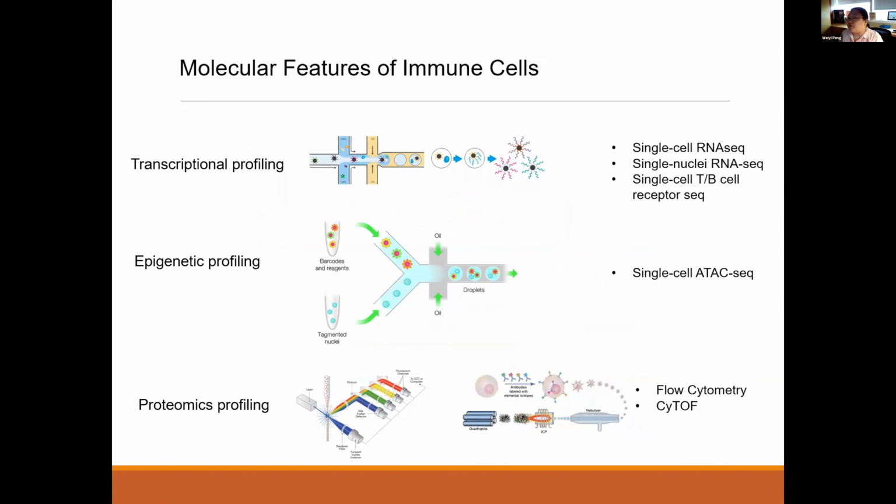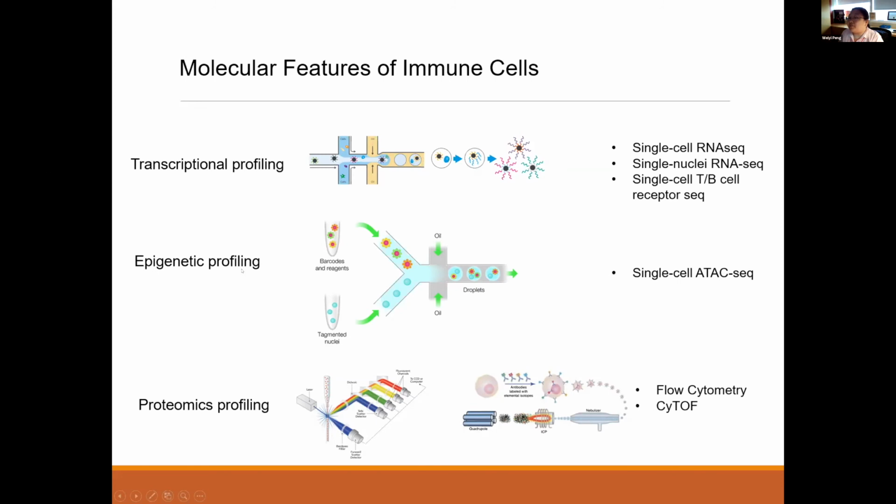Because of this advance in single cell isolation, we now have a lot of different platforms to examine immune cells, their subsets and their functions. To determine the transcriptional profiling of immune cells, we have single cell RNA-seq and single nuclear RNA-seq. Specifically for immune systems, which have highly diverse T cell receptors and B cell receptors, we also have single cell TCR and BCR sequencing.